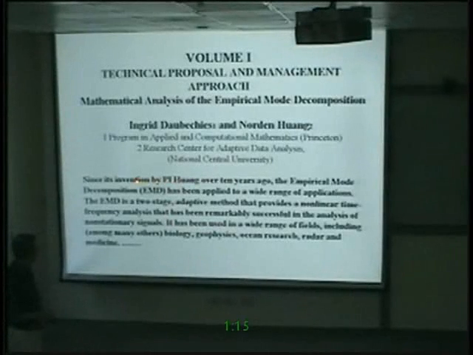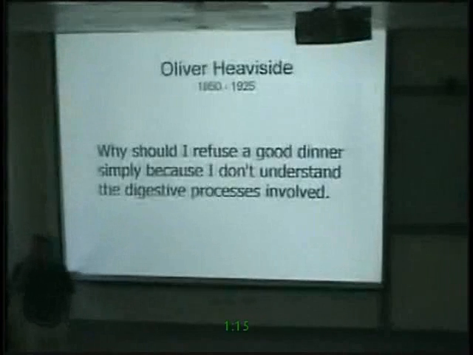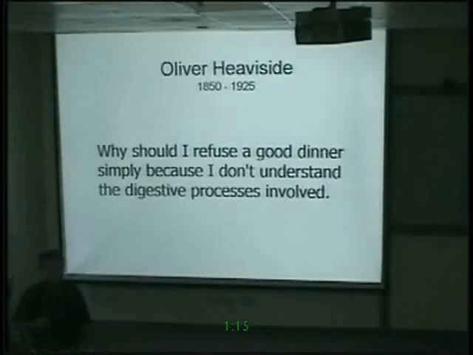Since its invention over 10 years ago, this has been applied to a wide range of applications, and it's remarkably successful and useful. This is a useful method. Even though we do not have the complete theoretical data, I suggest that we look at it, we use it.